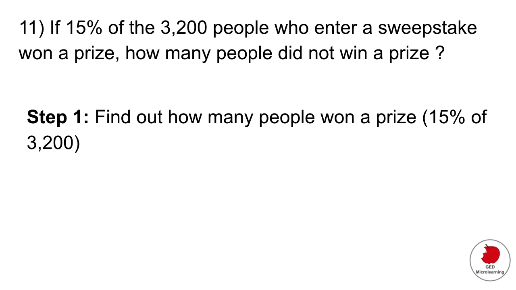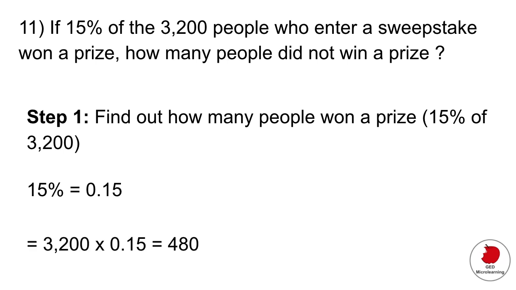Remember, what you have to do first is change that percentage to a decimal format. So 15% is equal to 0.15, and then multiply by 3,200. That gives you the number of people who won a prize, 420.